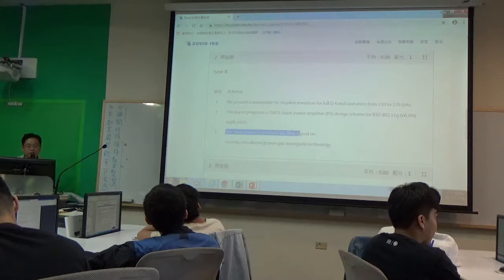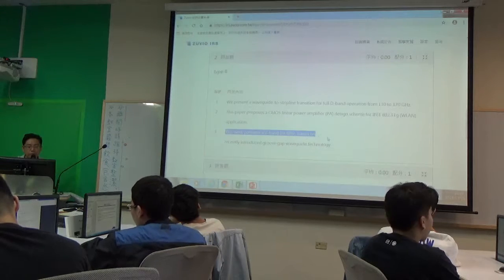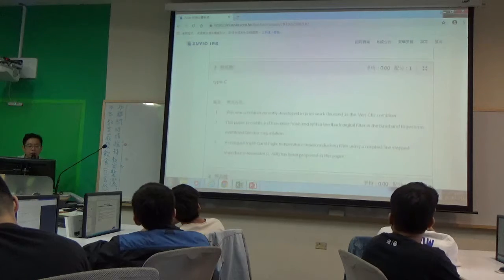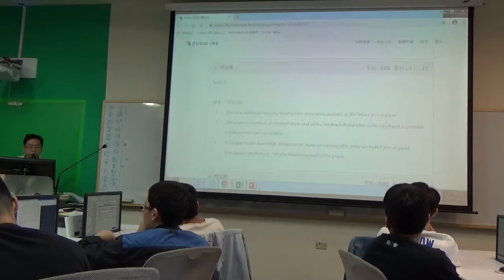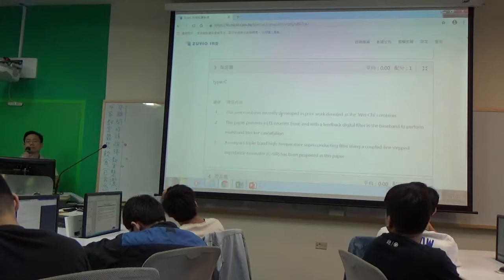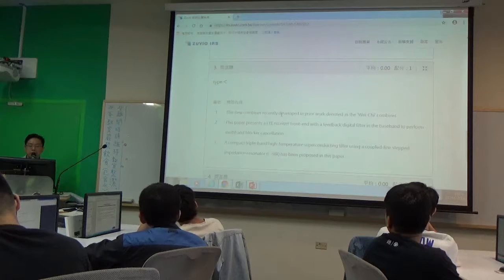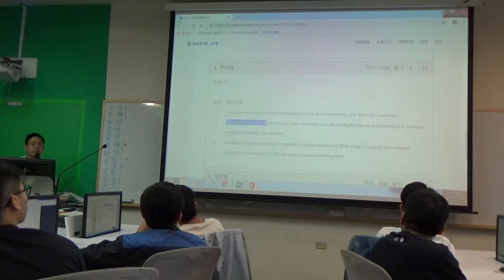This work presents something based on. Okay, it's a purpose. For type C, it means the action. This new reasoning developer combine. Okay. This paper presents. The second sentence looks like type B, right?